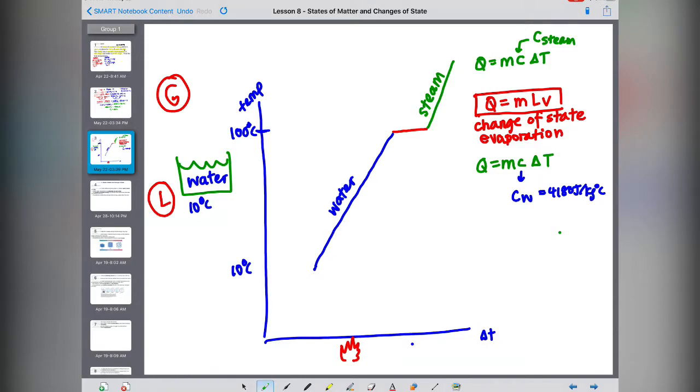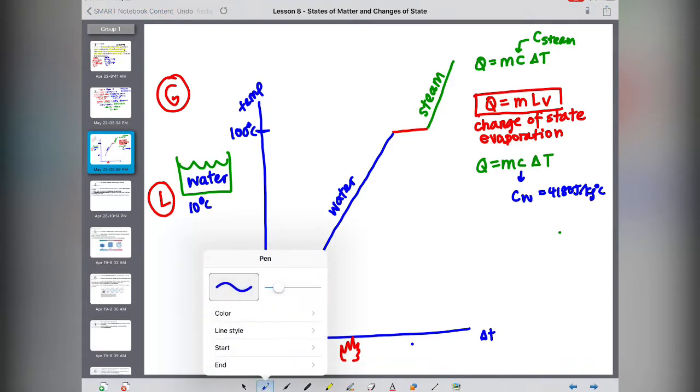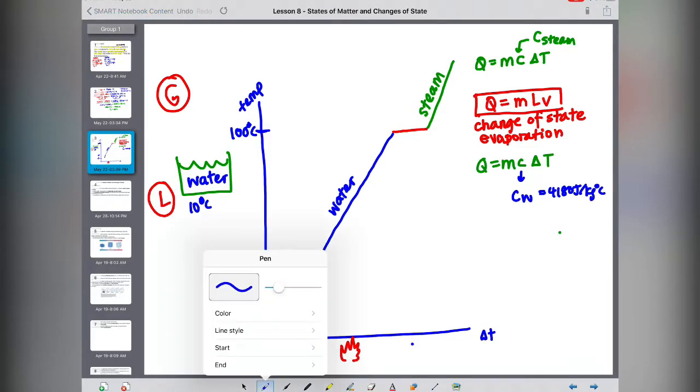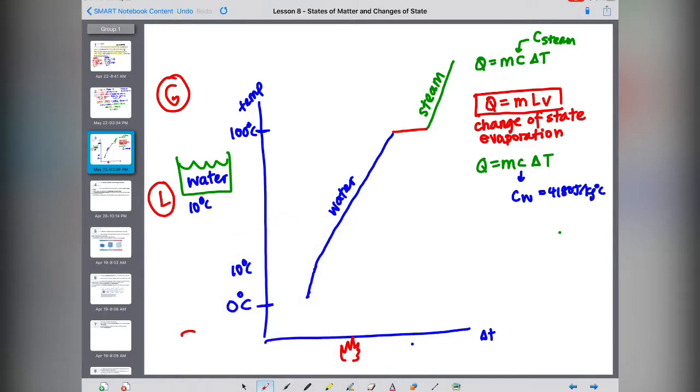If we go backward and say, how about if I go lower than 10? The other special point for water, if it keeps going down, is 0 degrees Celsius. At 0 degrees Celsius, that is the change between the ice, the solid, and the liquid.